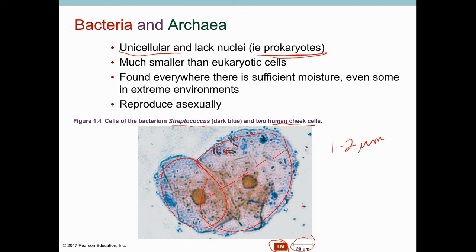There's such a huge differential in size that you really wouldn't make an error. You wouldn't accidentally identify a prokaryote for a eukaryote simply based on the difference in size. So that's an important thing to know. That's another reason you have to pay attention to the scale measurements that are given to you in photographs.